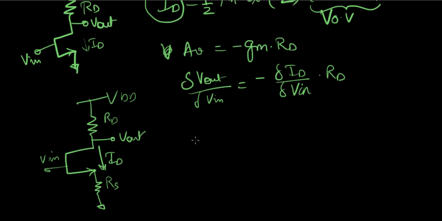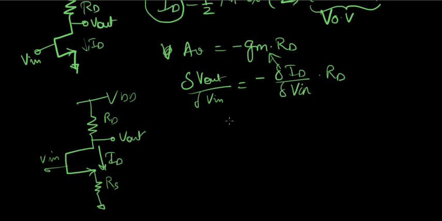And he also presents another perspective to it, and that appeals to me better. So what he says is this effectively is GM, ID over V in. We have to make the gain become less dependent, a weaker function of GM.